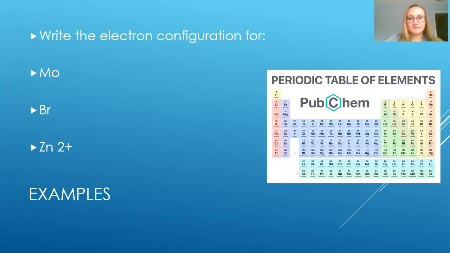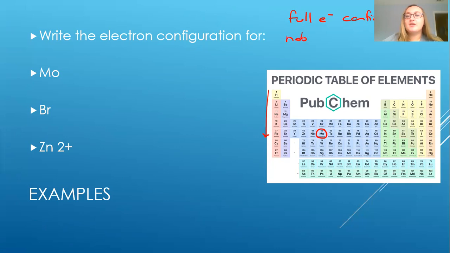Let's do some examples. Write the electron configuration for molybdenum. All right, let's go. I'm gonna find molybdenum. She's over here. Scholars, that's so far down the periodic table. I don't want to write all of that. Thankfully, I don't have to. The full electron configurations are the ones we've been doing.